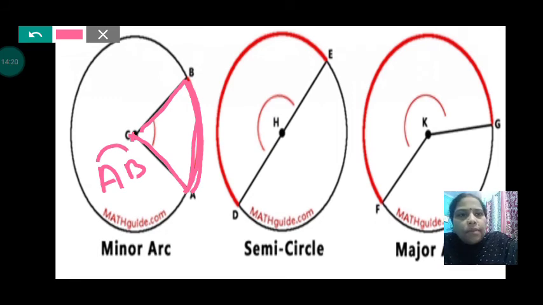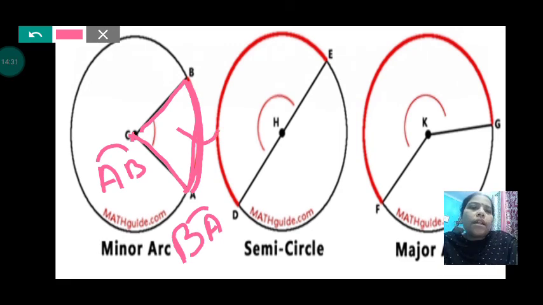Or if we start from here, the arc will be named arc BA. Then you have to show like this, and if you are writing AB, then the arrow will be pointed like this, from this side, and that is arc AB.